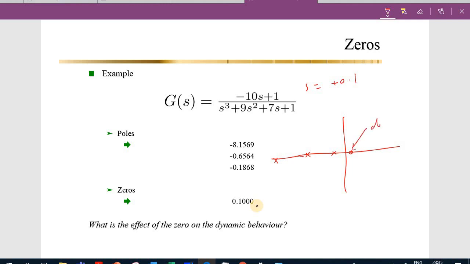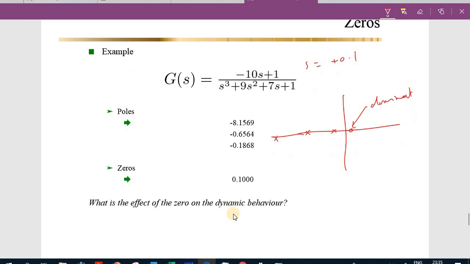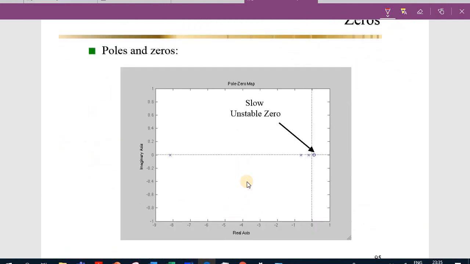This will be dominant, and since it's sitting on the right hand side of the figure, it will have an undershoot. You can see in the figure the zero here and these 3 poles.